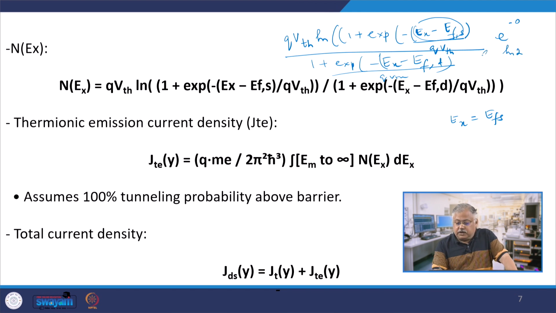So it will be Q Vth natural log of 2 divided by some value, which means that if Ex becomes equal to Ef, then the probability function actually increases drastically, right.